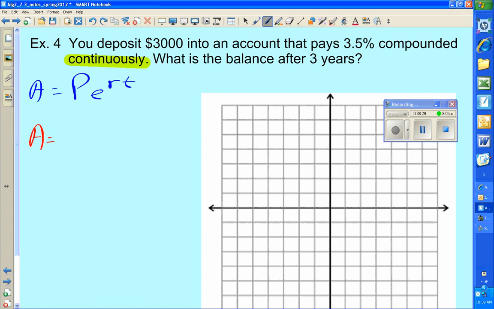A equals 3,000 times E raised to the 0.035 and 3 years times 3. That's all you have to have on your paper, and then you would say A is equal to, and you should be able to come up with your calculator how much money you would have in the account.